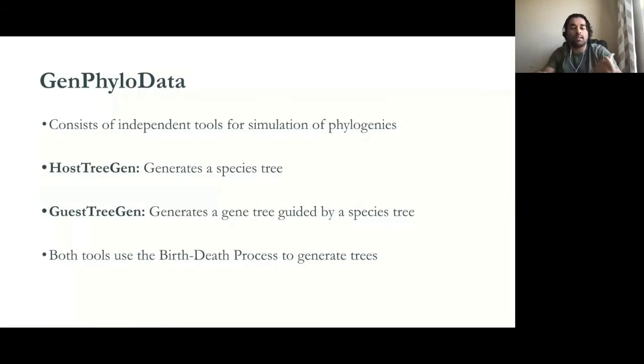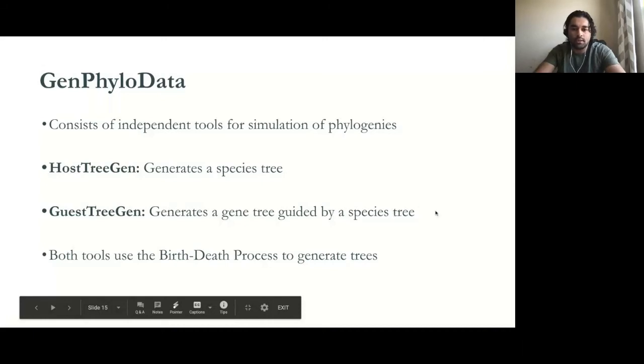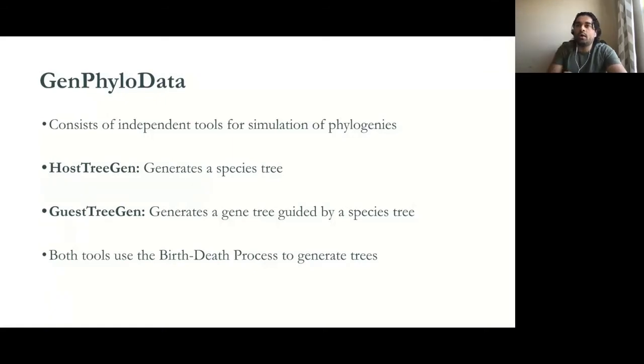With HostTreeGen, this tool generates a species tree, and GuestTreeGen generates what is analogous to the gene tree, another tree which is guided by the framework already created by the first species tree that we have generated. And both tools use something called the birth-death process to generate trees, which models how lineages are created and destroyed as a function of certain rates of deletion and speciation or duplication events.